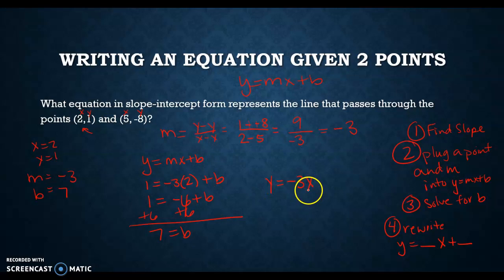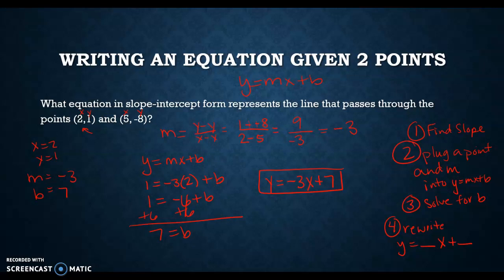Notice that my y's and my x's came back, because now we're writing it for any x and y point, okay? Or for whatever x I plug in to know my y. So y equals -3x plus 7. And that is my final answer. And that's how I write my equation.